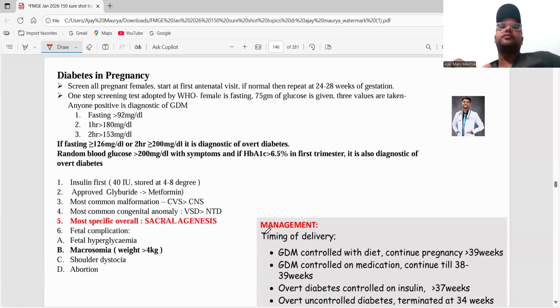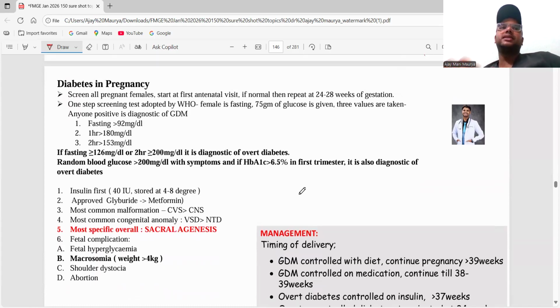So first of all, diabetes in pregnancy is more common during 24 to 28 weeks of gestation. Okay, I'm just telling how the questions are framed. First of all, diabetes in pregnancy at what weeks? 24 to 28 weeks only.